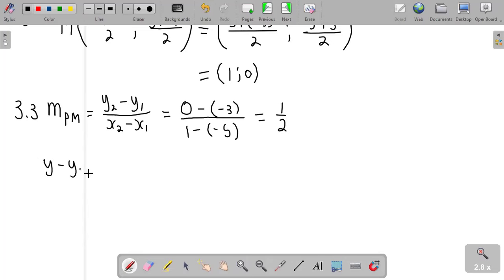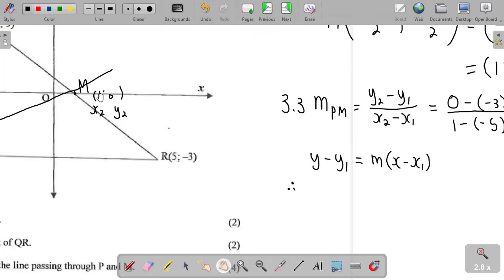And then in order to get the equation, what must happen? y minus y1 equals m into x minus x1. So then we can take any two values here. We can use the values for M, 1 and 0. So x is 1 and y is 0.